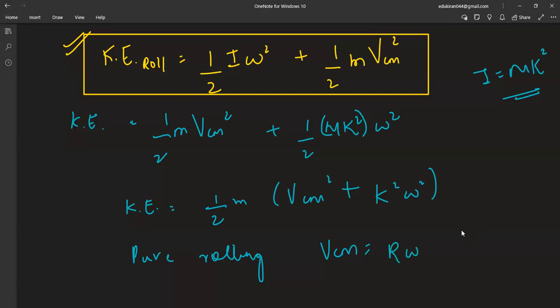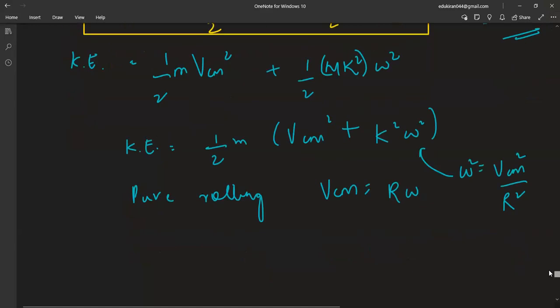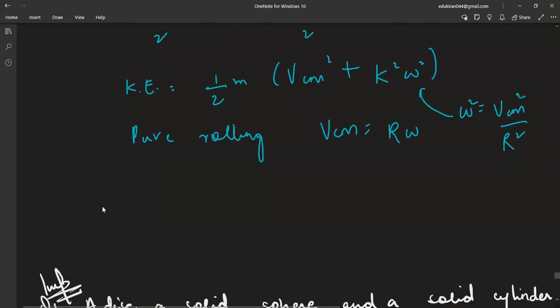So omega will be equal to VCM divided by r, and omega square will be equal to VCM square by r square. Put this in this equation. So this becomes kinetic energy of pure rolling.